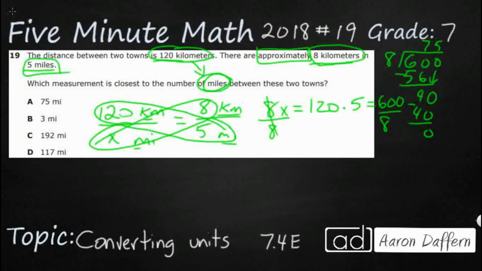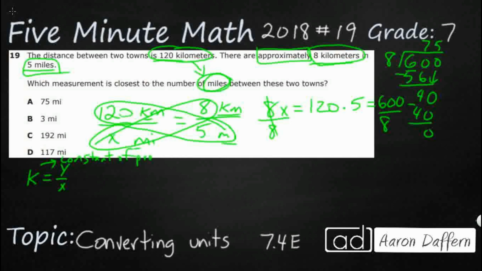I did mention there's another way to do this. It's a little bit longer, but it is a nice way to connect it, right? So there is something that we call the constant of proportionality, and it is represented with k, and we see it on our mathematics chart or formula chart, whatever you want to call it.